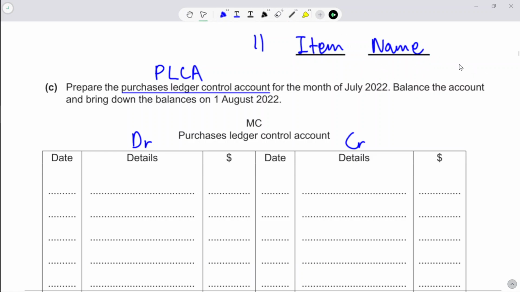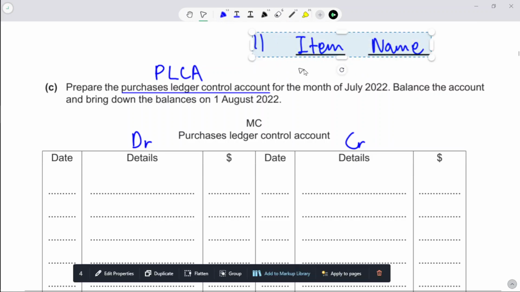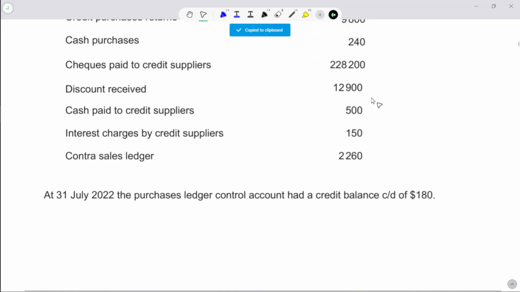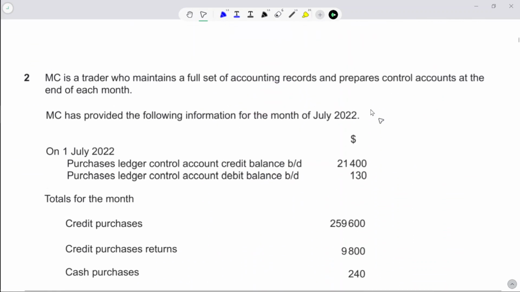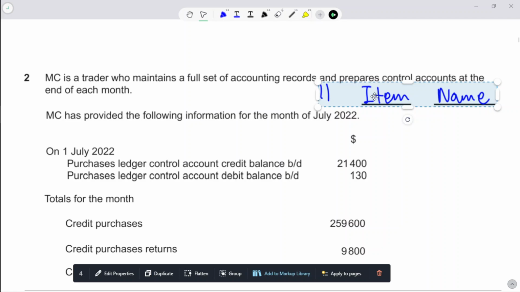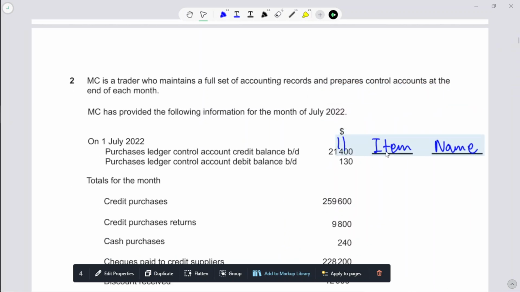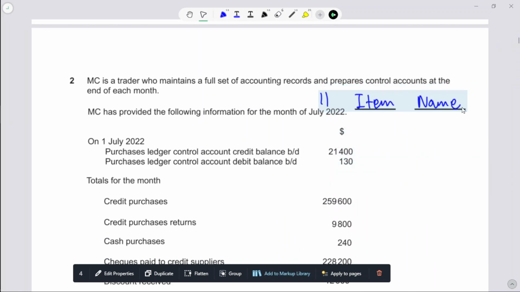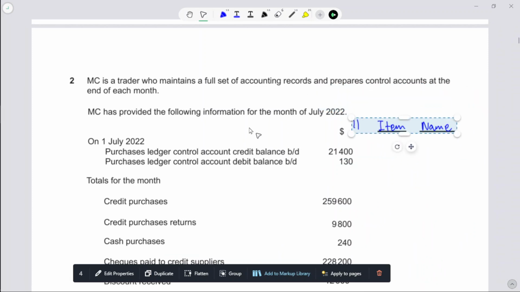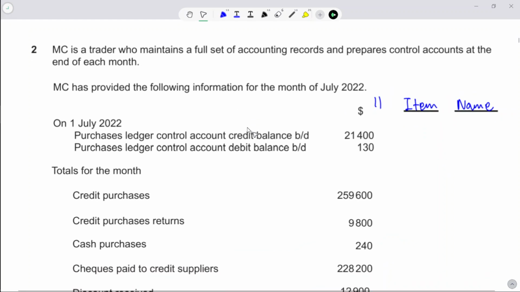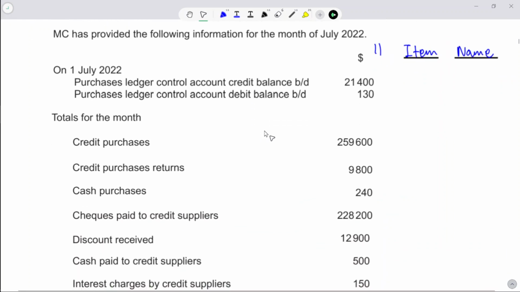So let me copy and paste. Okay. Then name. Okay. So this one already mentioned what credit, what debit.